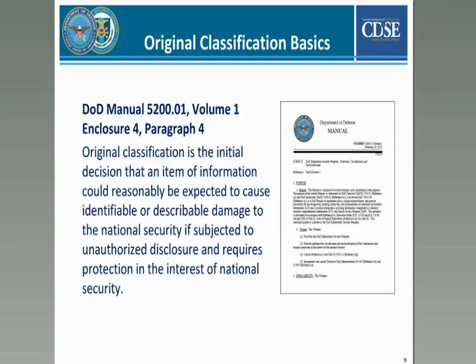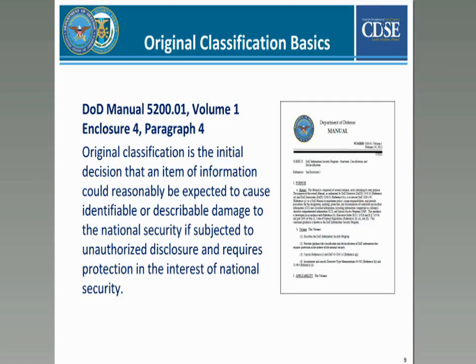Let's begin with explaining why information is classified. We've included an excerpt from DoD Manual 5200.01, Volume 1, Enclosure 4, Paragraph 4 in the file share box that you see on your screen. This excerpt is from the manual and defines original classification. The manual states that information must be classified only to protect national security.